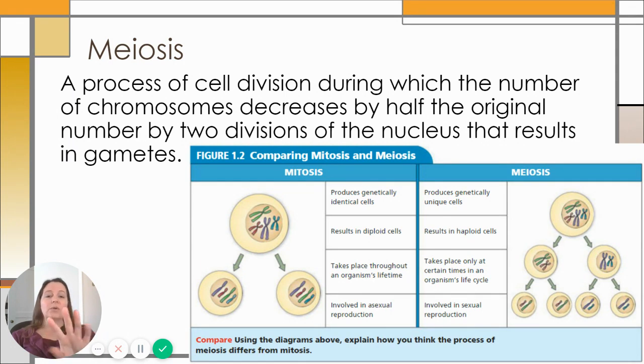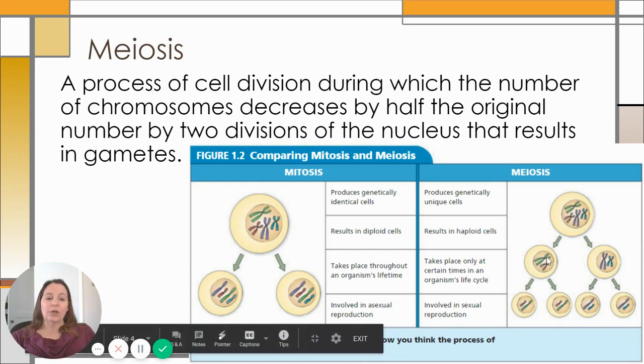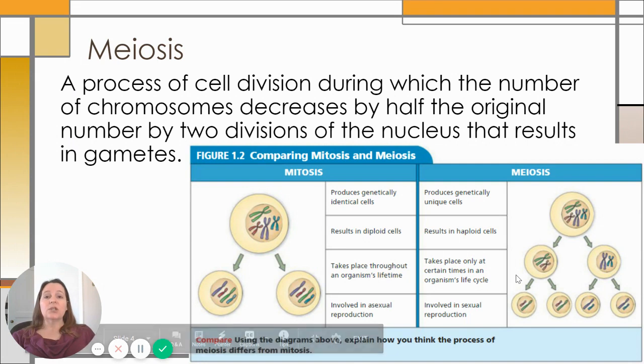All of those are called meiosis 1, and we reference them as prophase 1, metaphase 1, anaphase 1, telophase 1, cytokinesis 1. After that occurs, there is another division that reduces the chromosome number again. This second division is called meiosis 2.